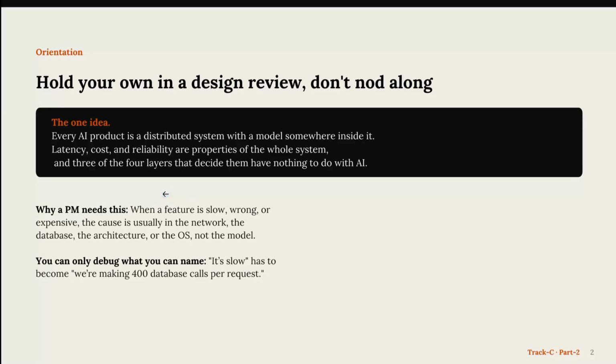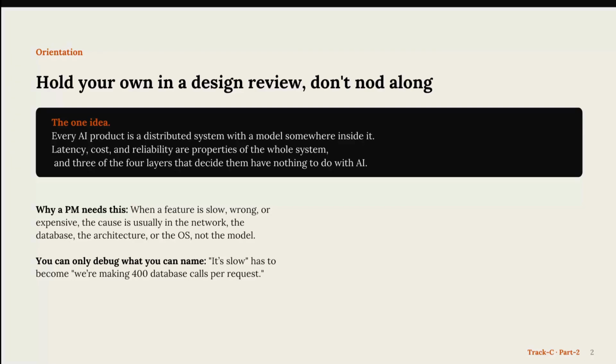Okay, and why is this important for a PM? We need to understand that whenever an engineering team or a customer success team or a customer says that a particular feature is slow or wrong or expensive, we need to understand the whole trace. We need to understand the whole network that the data has passed through, from the user clicking on the request until the response comes back, to understand where the system is not performing.